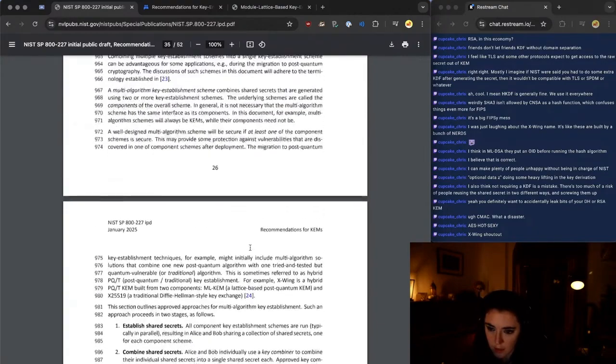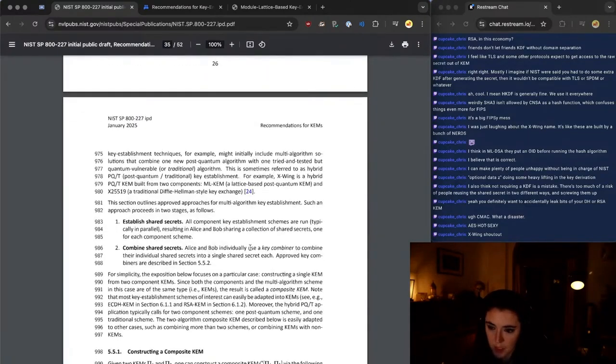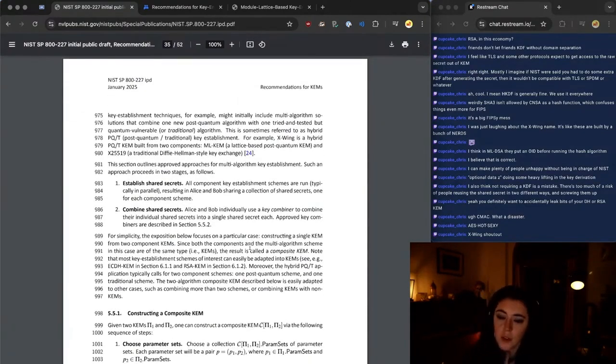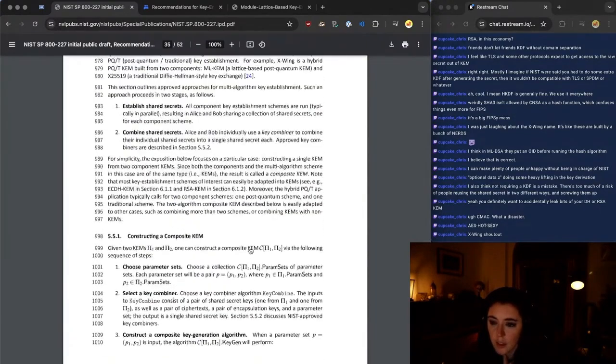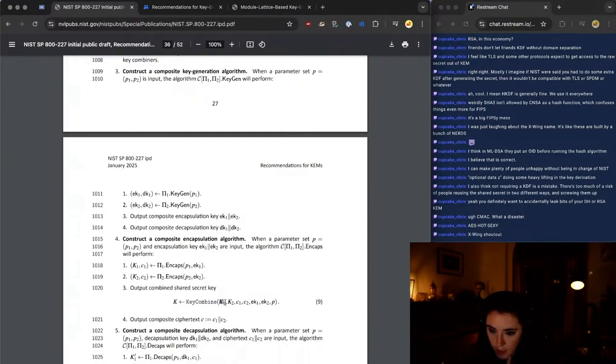And what do they define for KeyCombine? For some reason, the focus on the combiner really bothers me. The whole thing is the scheme. Okay, this includes the shared secrets, the ciphertext, the encapsulation keys, and the parameters. Great. Whatever this is, it's supposed to be a secure PRF, something you would use as a KDF. Maybe P includes a label.